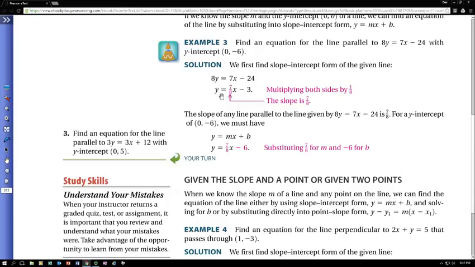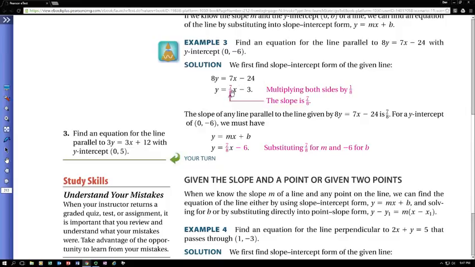To get into the slope-intercept form, use reciprocals. I multiply both sides by 1/8. If I take 1/8 times 8, I get 1. 1 times y is y. And then I distribute. And they say it here. Multiply both sides by 1/8. Then I need to distribute that over the two terms here.